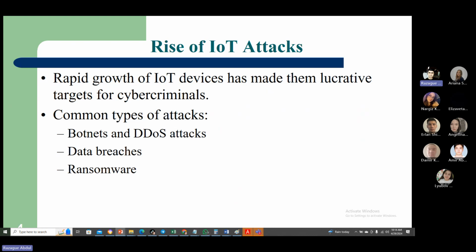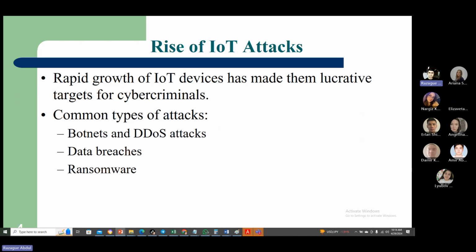The rapid growth of IoT devices has significantly increased their attractiveness as targets for cyber criminals. As more and more devices are connected to the internet, they create a vast and often poorly secured attack surface. So let's delve into the common types of attacks that cyber criminals employ against IoT devices.